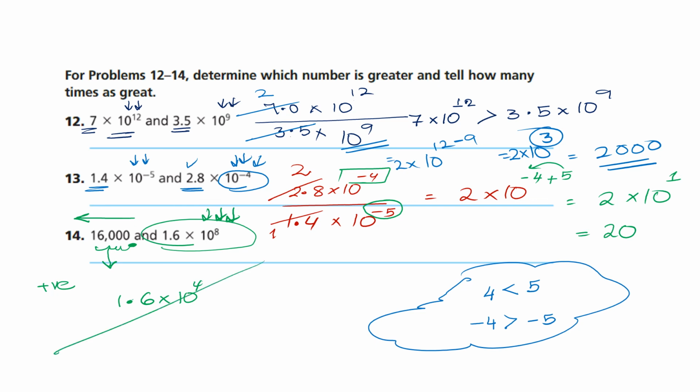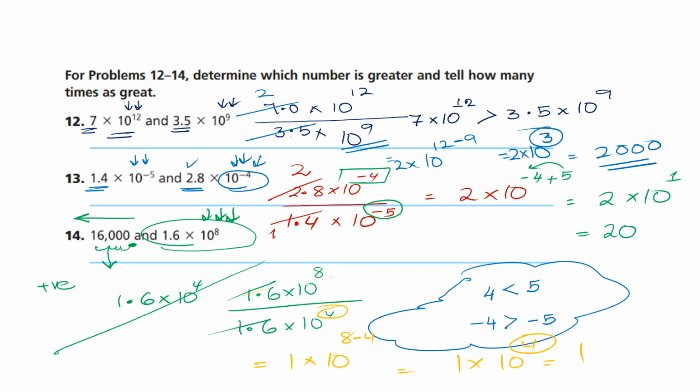The bigger one goes on the top and the smaller one goes at the bottom. Now 1.6 cancels out. Here we have 1, because 1.6 times 1 divided by 1.6 gives us 1. 10 to the power of: now we write the upper power as it is, and for the below power we just change the sign. So we will get 10 to the power of 8 minus 4, which gives us 4. Which means after the 1, how many zeros do I have to put? 4 zeros. So that would be my answer.